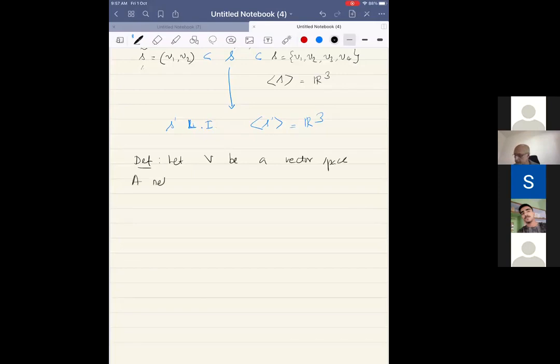A set B of vectors is called a basis if B is linearly independent and the span of B is V.